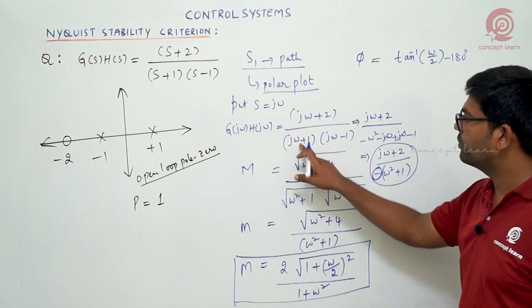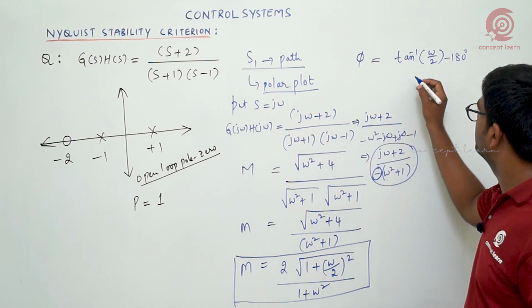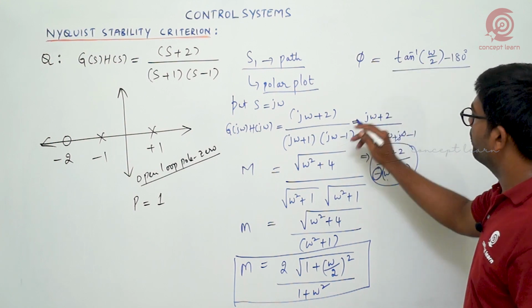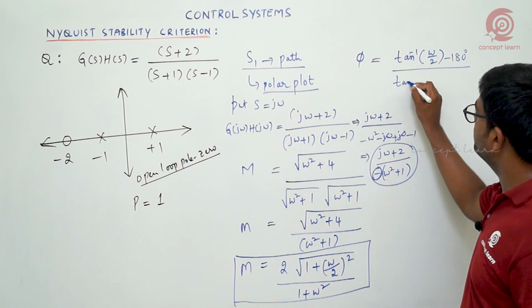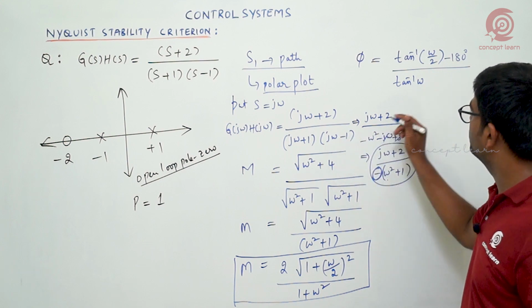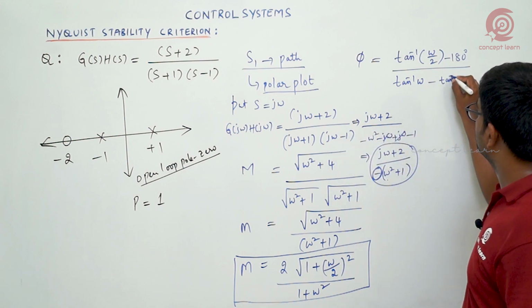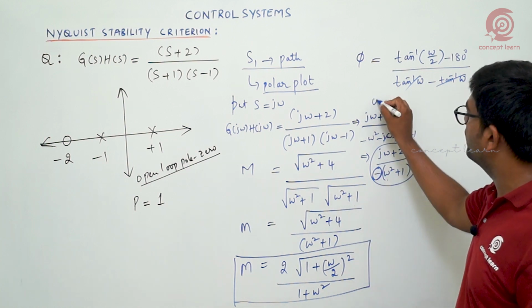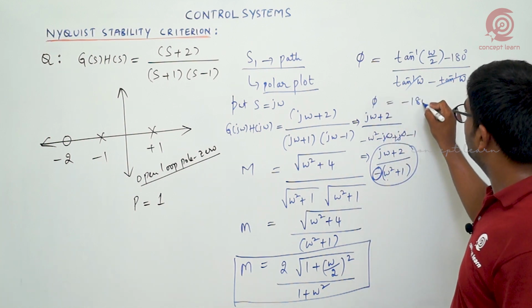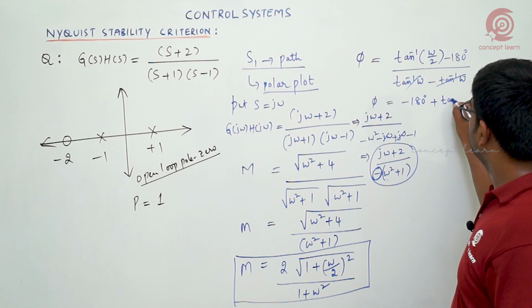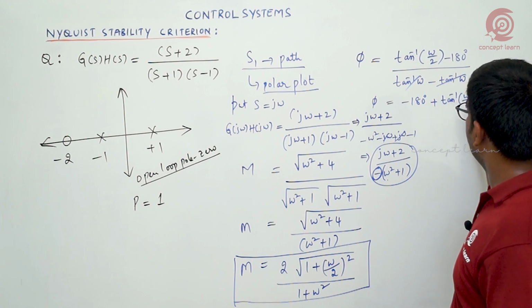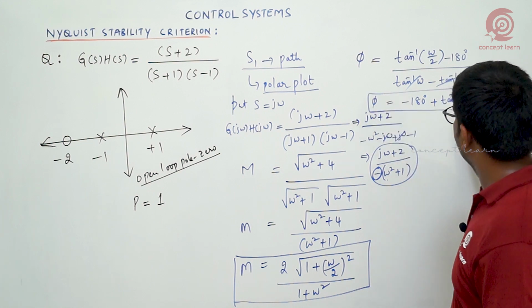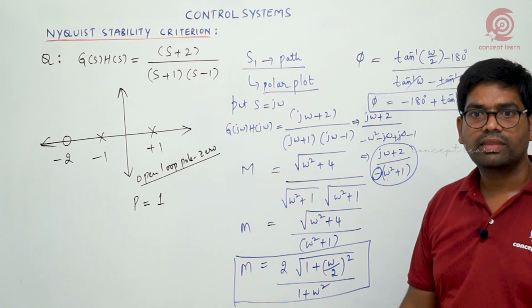The other terms mean tan inverse omega, and this is minus. Look at the denominator: for this tan inverse omega and for this minus tan inverse omega, both will get cancelled. So what is the simplified phase angle from here? Minus 180 degrees plus tan inverse omega by 2. This is the phase angle we got.